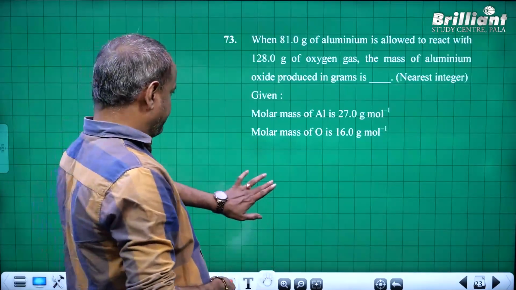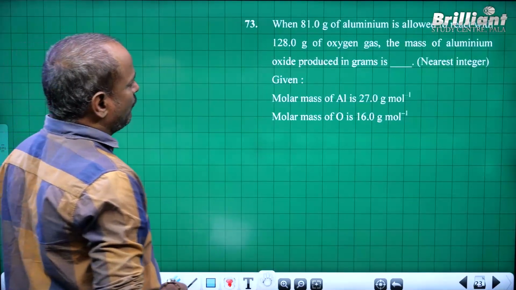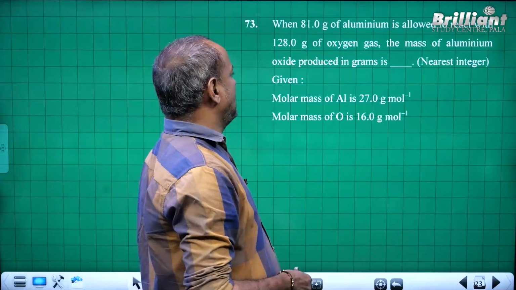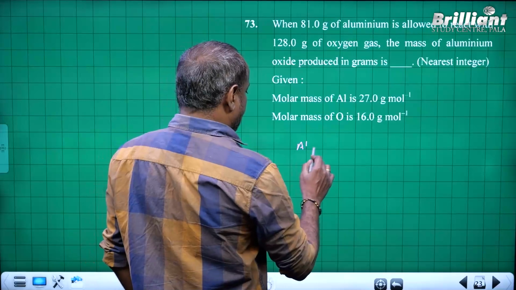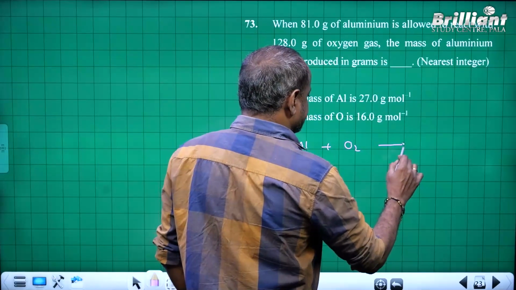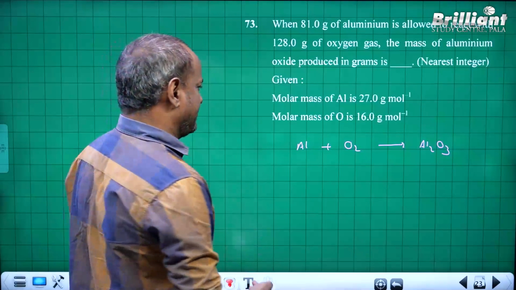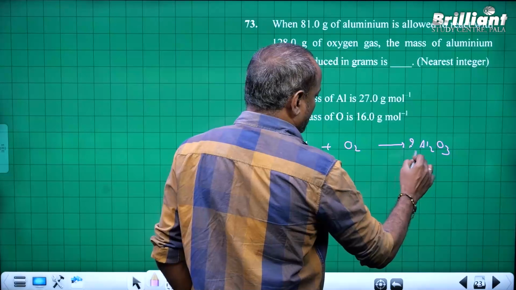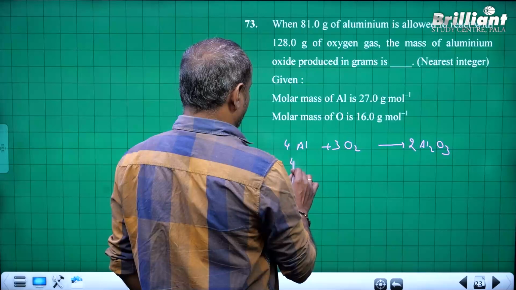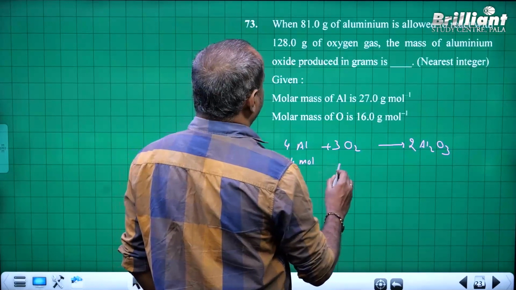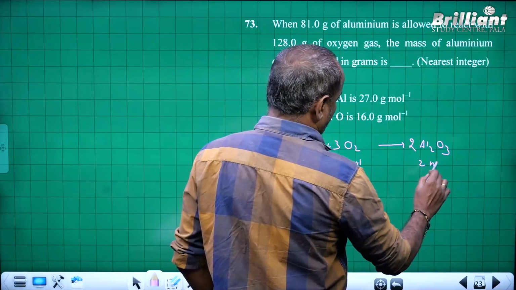Next, 81 gram aluminium reacts with 128 gram oxygen, find the mass of aluminum oxide. Direct stoichiometric equation only. Al plus O2 is equal to Al2O3. You can balance it anyway, you can take 2, then 3, 4. 4 mole aluminium, 3 mole oxygen, 2 mole Al2O3.